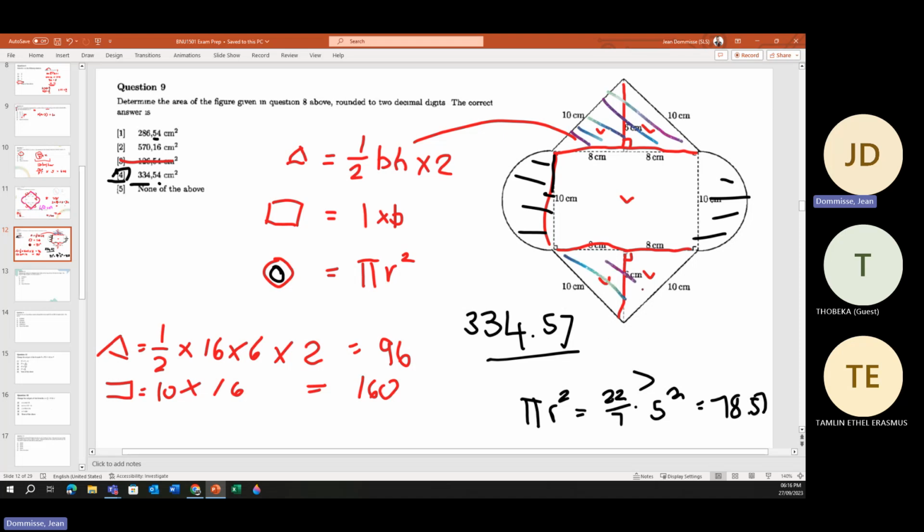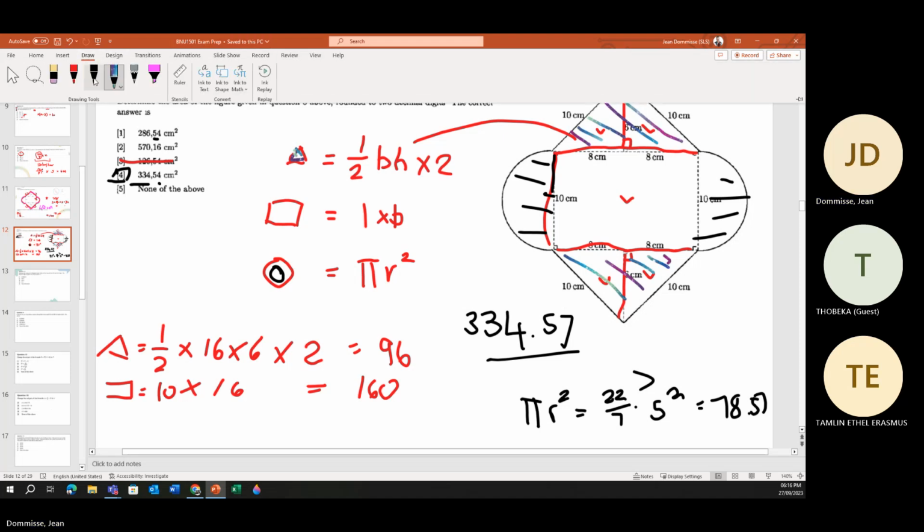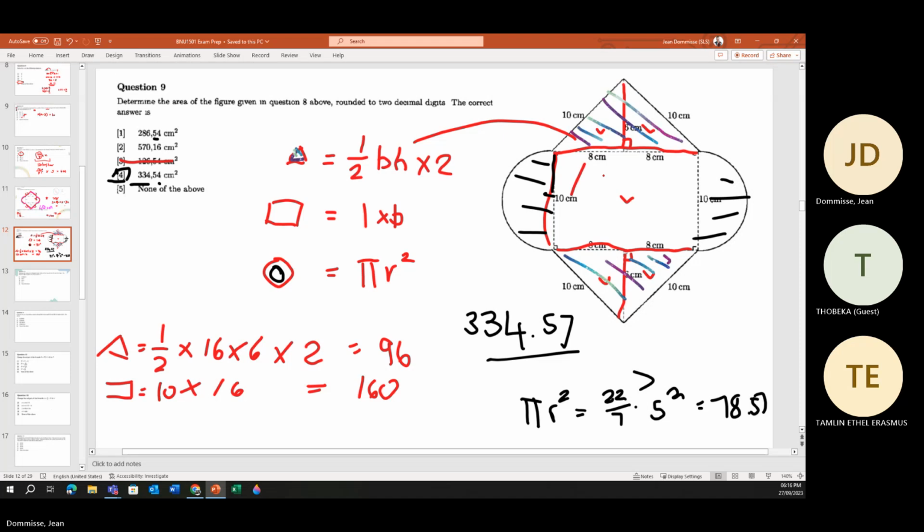We needed to multiply it by 2. And then the last part was also adding the rectangle component.